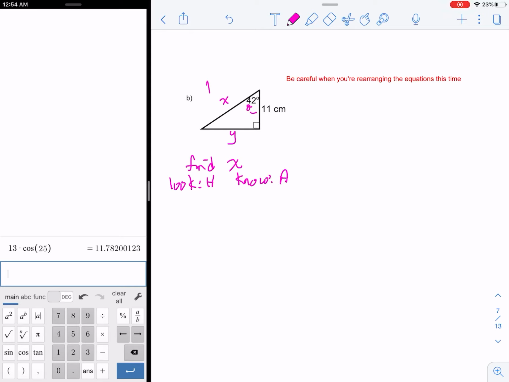So this is hypotenuse, this is opposite, this is adjacent. All right, that's, again, SOHCAHTOA. That would be CAH. So the cosine of theta equals the adjacent, which I know to be 11, divided by the hypotenuse, which I've called X.